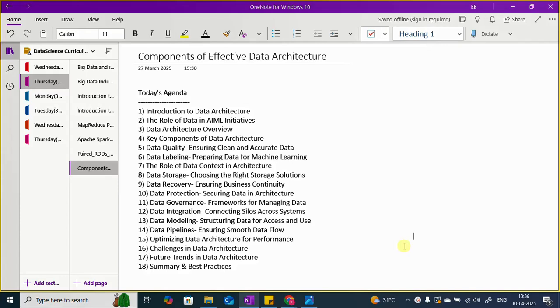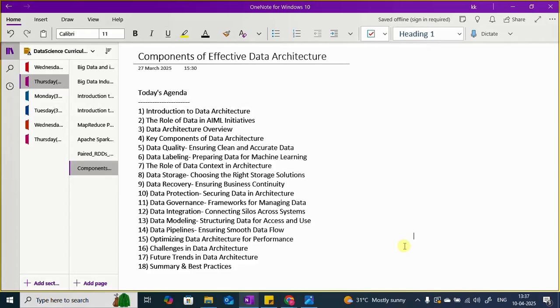Then data quality, ensuring clean and accurate data, data labeling, preparing data for machine learning, the role of data context in architecture, then data storage, data recovery, data protection, data governance, data integration, data modeling, and data pipelines, ensuring a smooth data flow from source system to destination system.